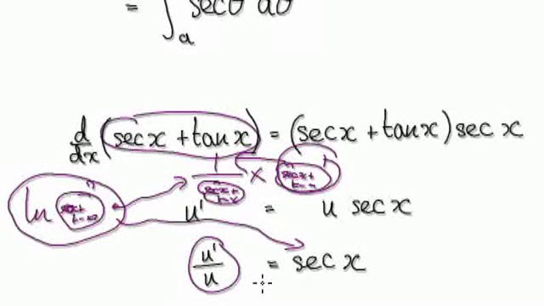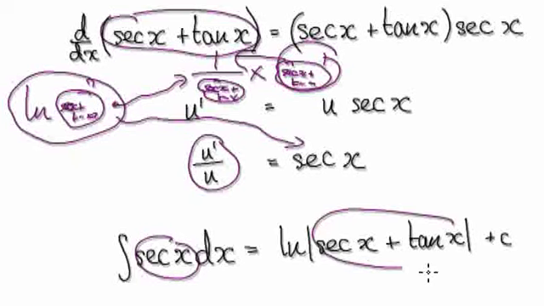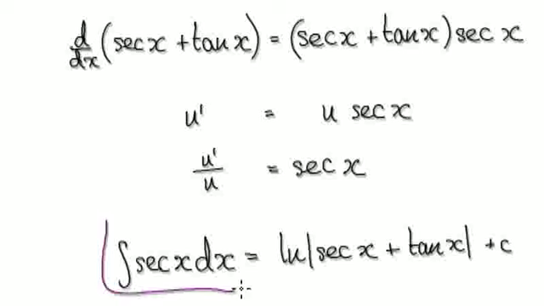So to integrate this thing here, it will be the natural log of the absolute value of this whole thing. We've done this before, so you should know how to integrate this by now. This is just a reminder.